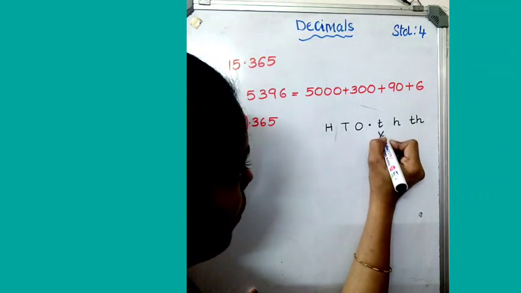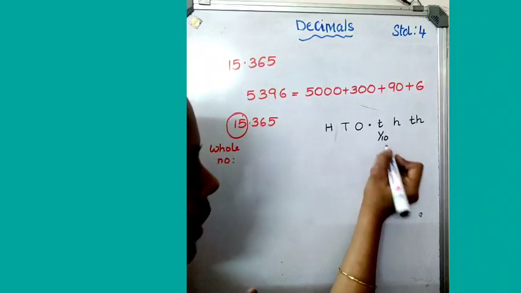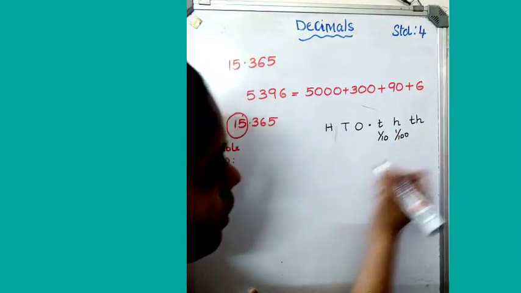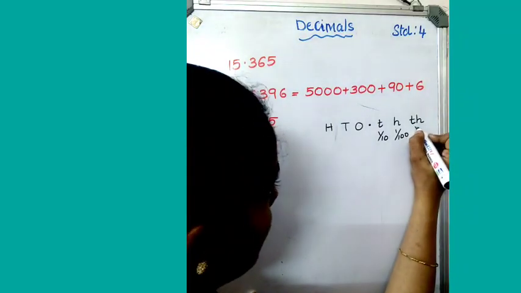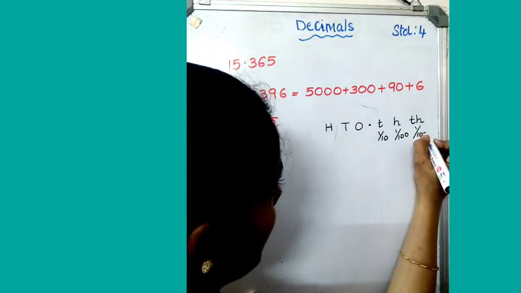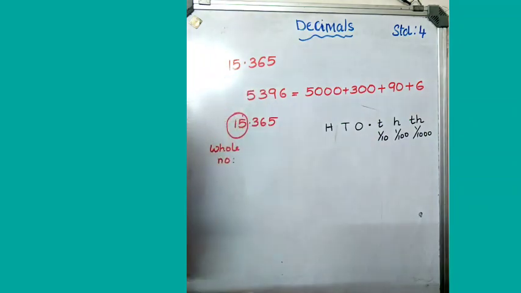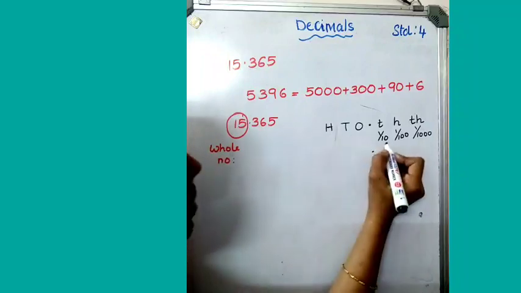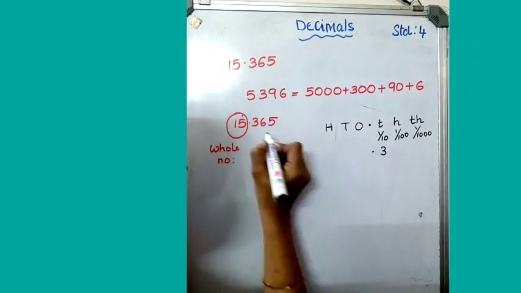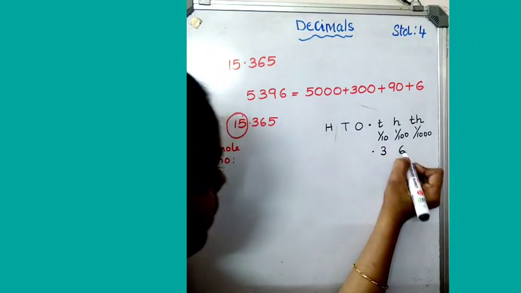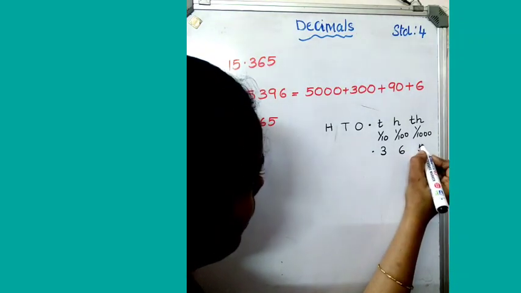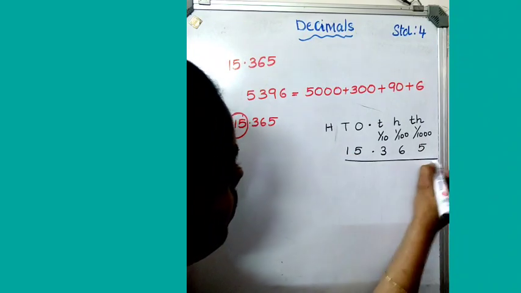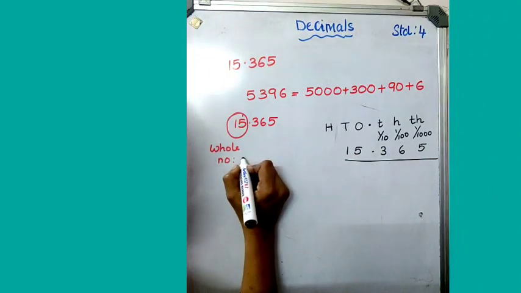10th place means 1 by 10, 1 digit. 100th place means 1 by 100, 2 digits. 1000th place means 1 by 1000, 3 digits. So after the point, 3 comes here, 6 comes here, and 5 comes here. So how will you write this?